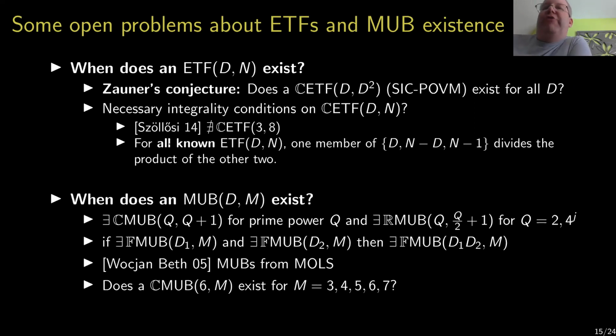And I have made a conjecture based purely on experimental observations that for every known ETF, if you take these 3 particular parameters, one of these numbers divides the product of the other 2. And I have just conjectured that that is always true.